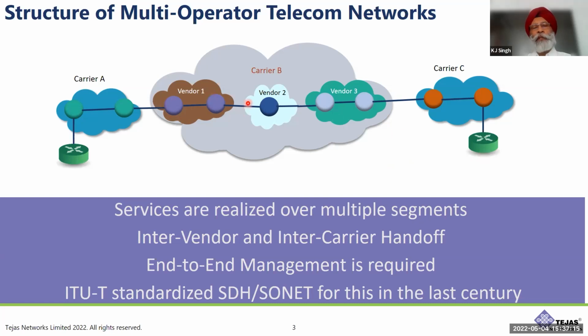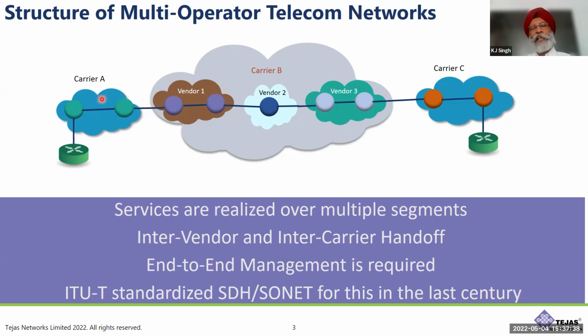And even within his own network, he has a challenge of essentially connecting vendor one's equipment to vendor two's equipment. So for this end-to-end service to work, there needs to be a well-defined handoff, not only inter-vendor, but also inter-carrier. And we need a view.